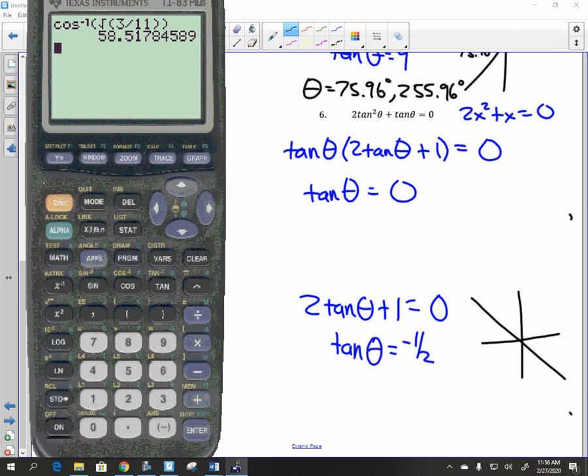I take out the calculator. And I tangent inverse -1/2 or +1/2? Positive, because you already used up the negative. 26.57.